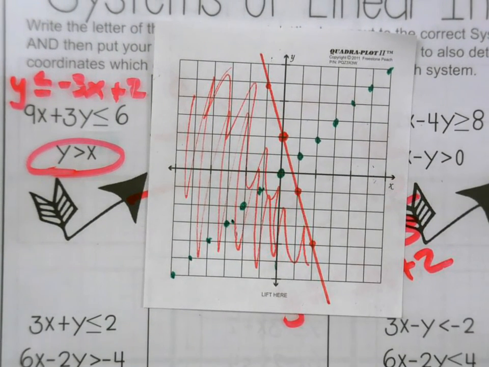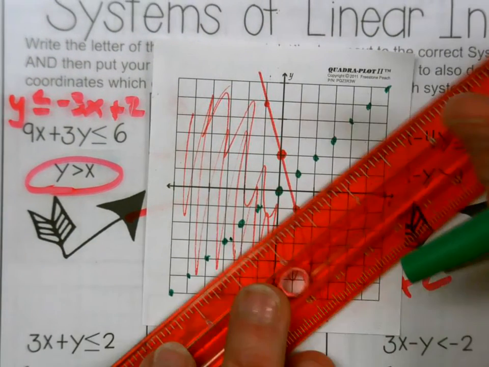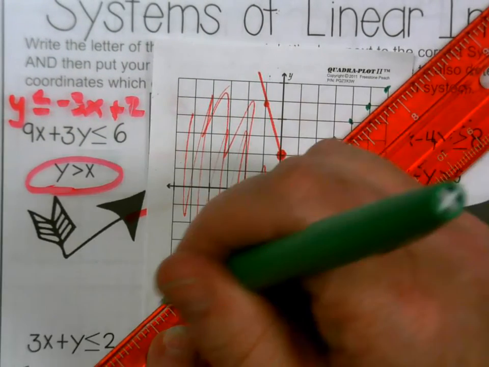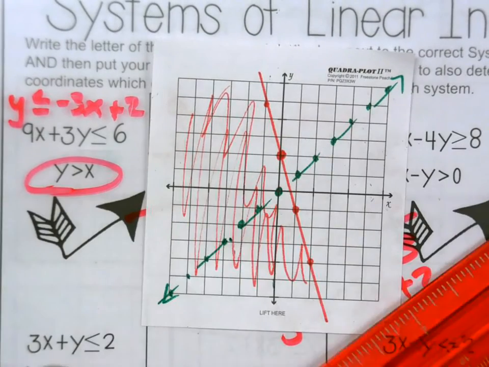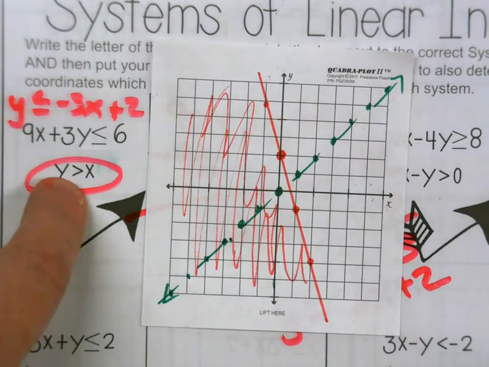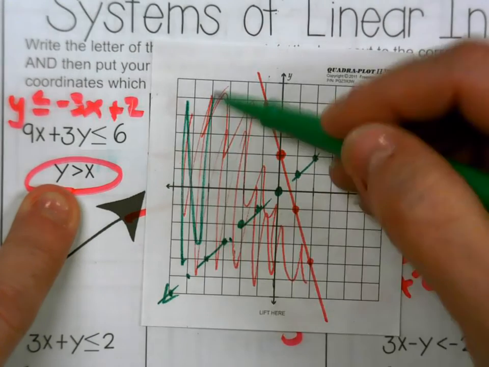If the 1 was negative, it would go the other direction. This one's going to be dashed or dotted, and it's greater than, so the big side is towards my y, so it's going to be shaded up.